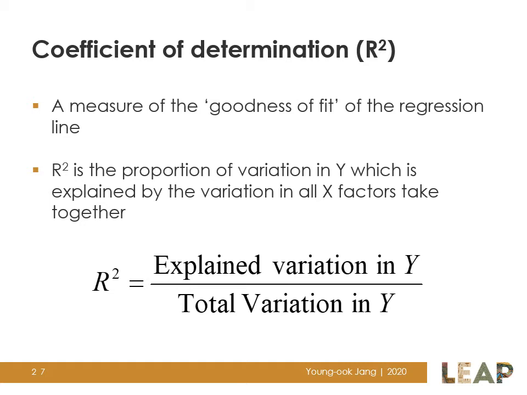If you have a low R squared, that means that you missed something, some important variables that explain the variation in Y. So it is always better to have a higher R squared in OLS regression. That means that your model explains the variation in the dependent variable very well.